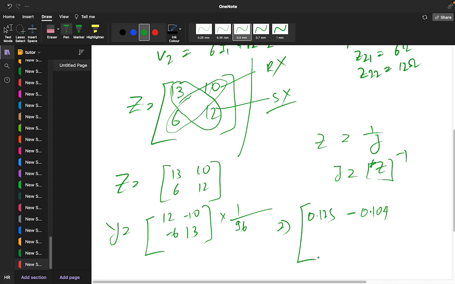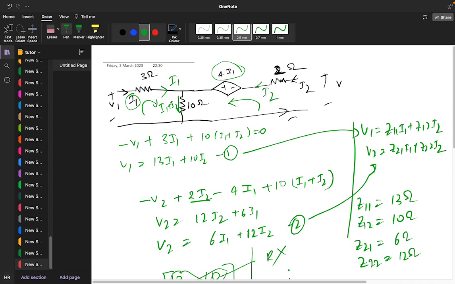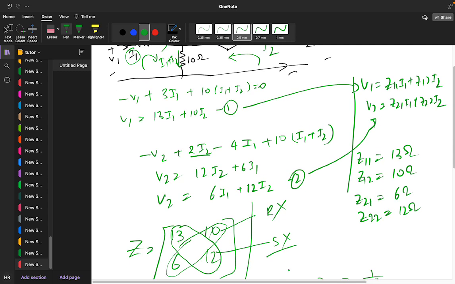And minus 6 divided by 96, we are getting minus 0.0625, right? And 13 divided by 96, 0.135. So this is your Y parameter. Okay, you know the Z parameter, you know the Y parameter. Now the question is you need to find your H parameter.